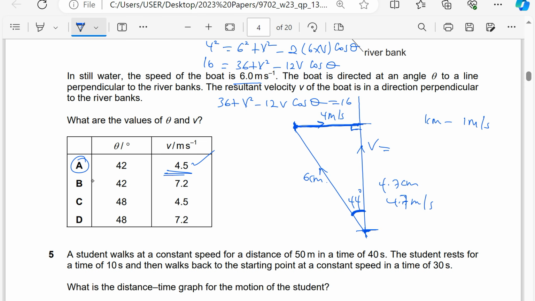Or you open your compass on the ruler for 6 centimeters, put it where 4 starts from, and put an arc on the other vertical line. So the remaining thing is just to measure the distance between that point and that point to represent V. Remember, 1 centimeter is representing 1 meter per second, so that is fine.